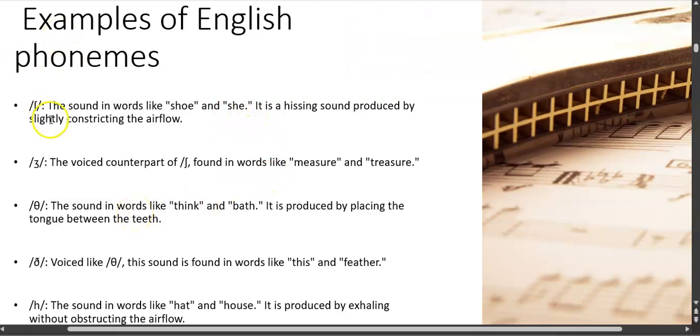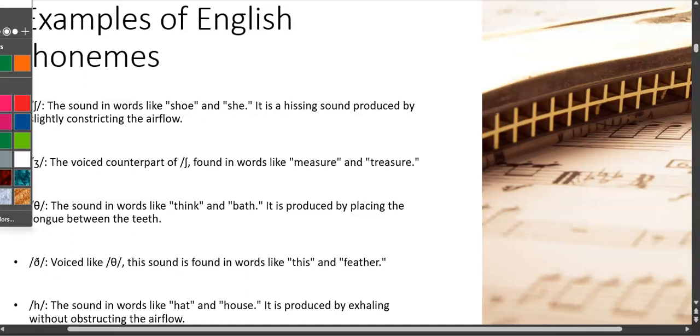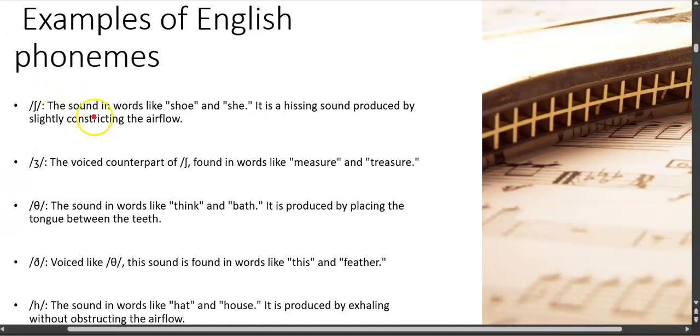Again, don't forget this difference here. Let me point it out again for you so that you can see and understand it. So we have this sound here for letter S. Sorry for my writing. I'm using my laptop and it makes it hard to write. So this is the sound s for words like snake, sleep. But this one is the sound sh for words like shoe, she.